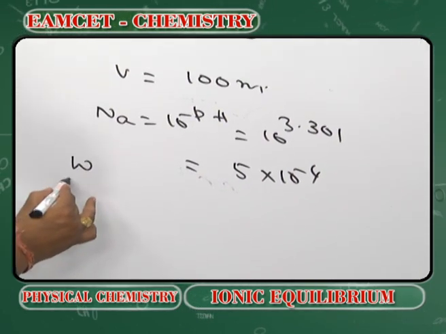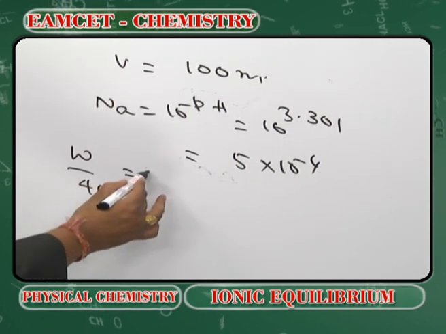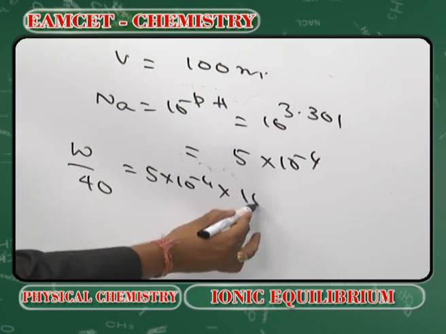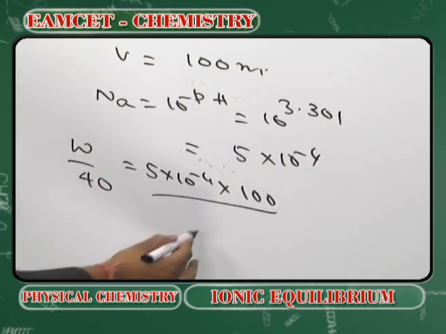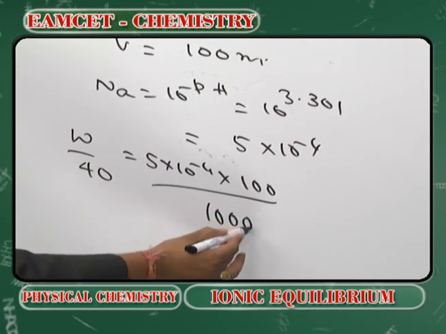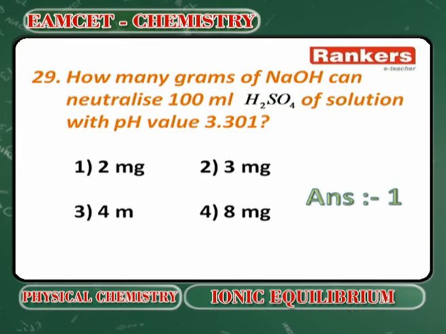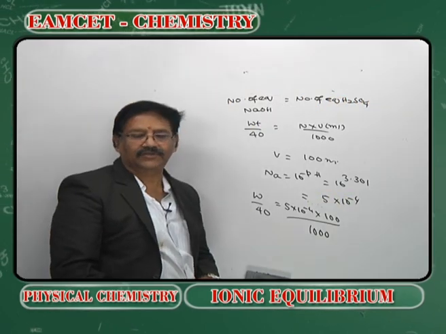Now W by 40 is equal to 5 into 10 to the power minus 4 into 100 by 1000. So solving it, we will get the weight of the NaOH. Thank you. We will continue in the next class.